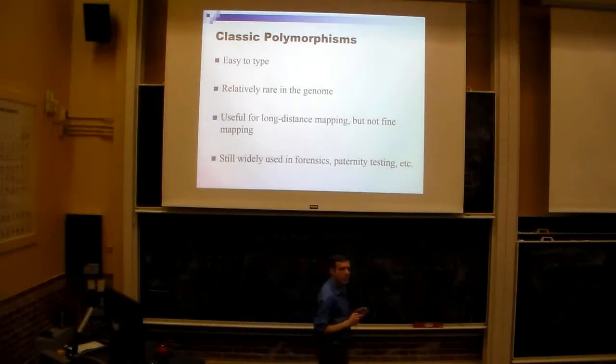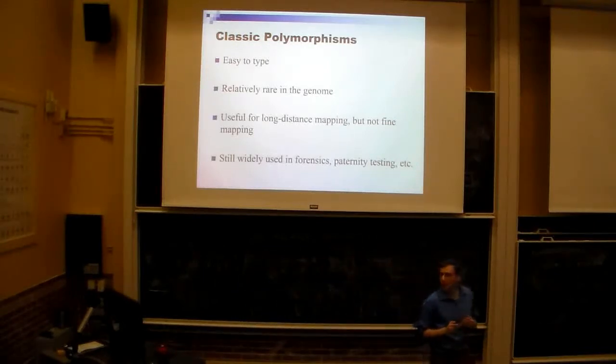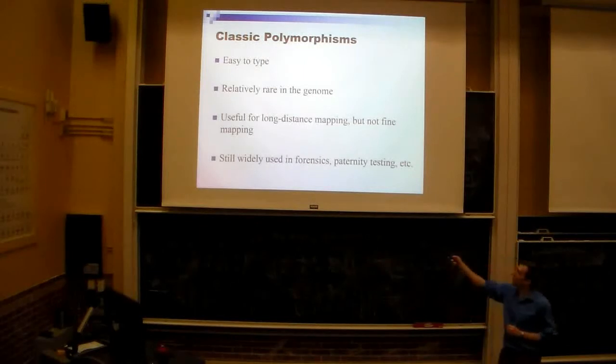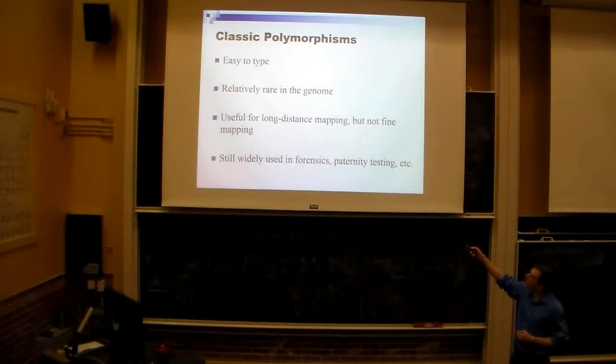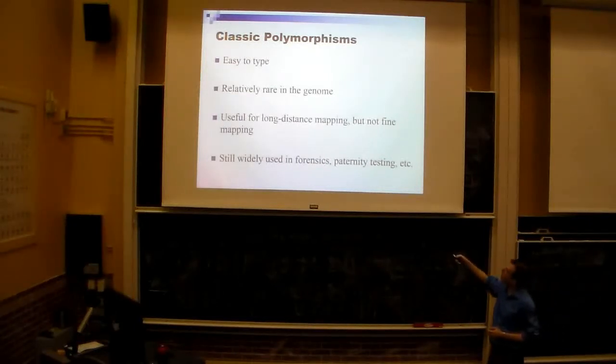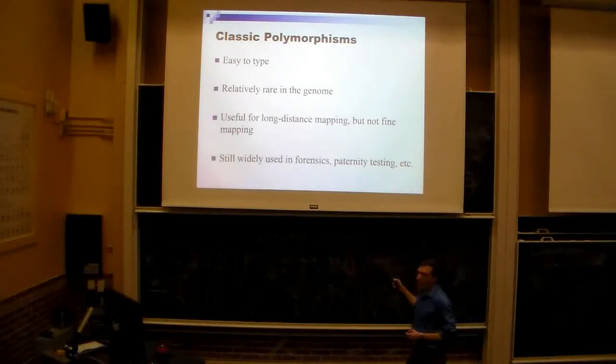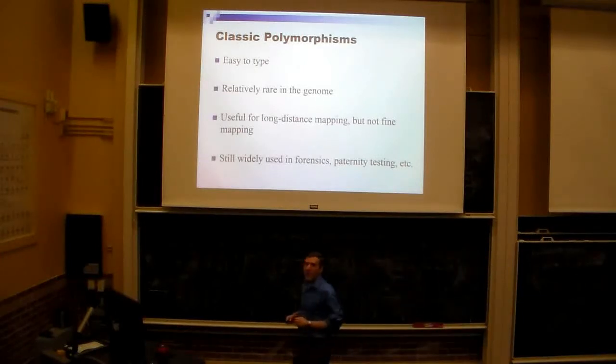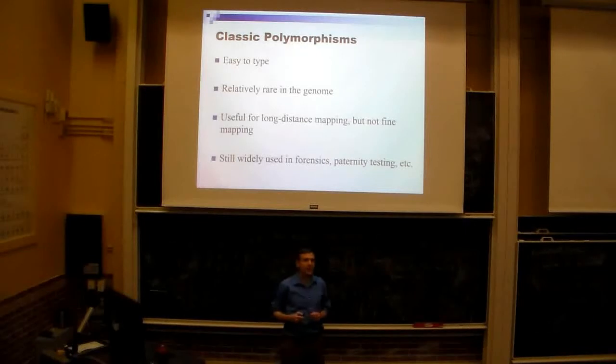You didn't need to do any sequencing, you didn't need the pre-genomic era technologies. They also had some other advantages like the rapid mutation rate of the microsatellites, but they have some pretty serious disadvantages. One of them, probably the most important, is that they're not that common in the genome.